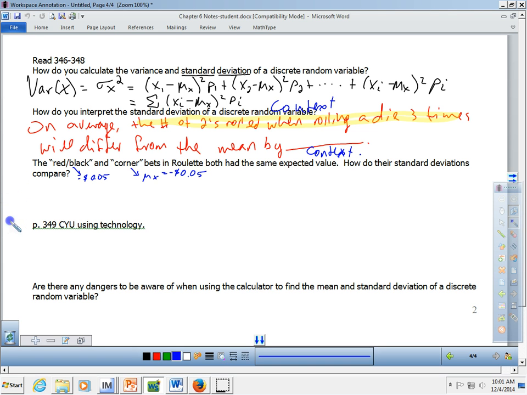X is the amount you win in betting red-black. Either red or black, and it doesn't really matter. It's going to be the same. So again, $1 bet. What are your possible winnings?